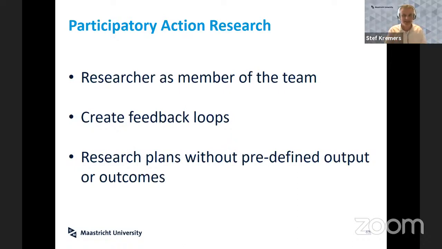And that also means for the PIs among us that we need to dare to design research without predefined output or outcomes. It's very challenging, also for our grant offices, because they want to know what they are subsidizing. But in essence, if you listen carefully to this webinar, I think it's sometimes very difficult to predefine where we are going in a particular context.